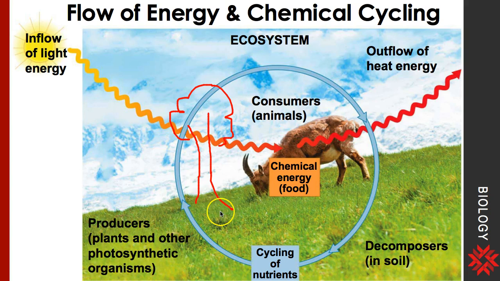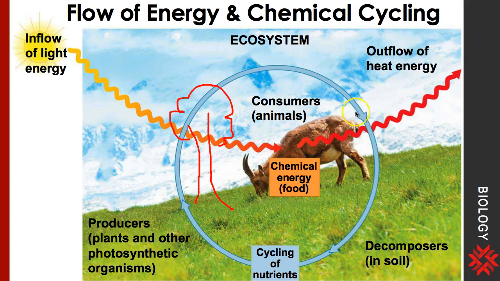So it can be through the grass here, it can be through this tree, but ultimately that energy is captured in photosynthesis, stored in the chemical bonds of the sugars. But then the energy is passed to consumers as consumers eat those producers. They're going to break down those sugars, break those chemical bonds, releasing the energy so that they can use that energy, and then that energy is lost out of the ecosystem, released as heat.